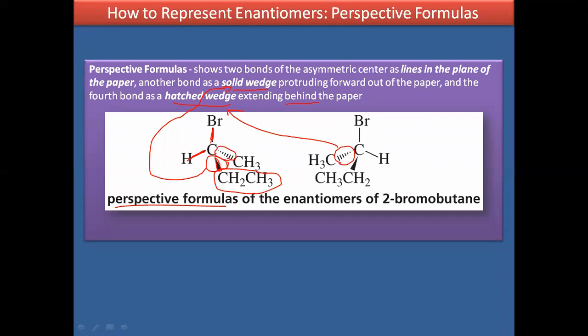This type of formula is called the perspective formula. This is one of the examples given here, with 2-bromobutane in enantiomeric forms. They are represented in perspective formulas like that.